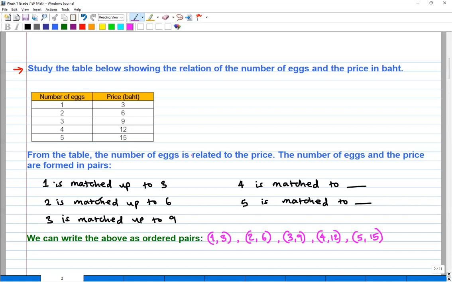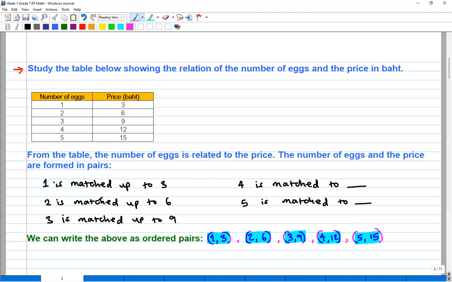These are what we call the ordered pairs, and we can read them as ordered pair 1, 3, ordered pair 2, 6, ordered pair 3, 9, ordered pair 4, 12, ordered pair 5, 15. So that's how we can write and how we can read the ordered pairs.